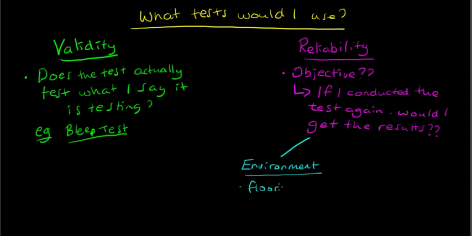So in our example of the bleep test, we have to consider the flooring. If I did my first bleep test indoors on a hard wooden floor, would the test results be reliable if, when I retested it in 6 weeks' time, I did it outdoors on grass with the performers wearing football boots and it was wet?